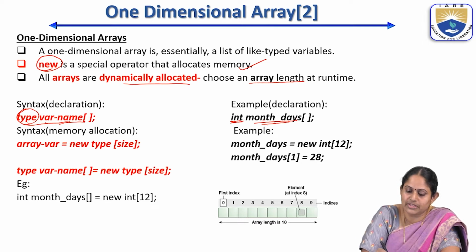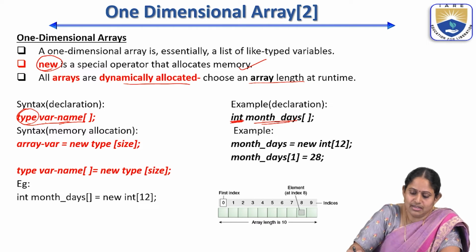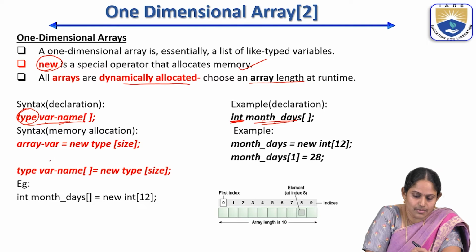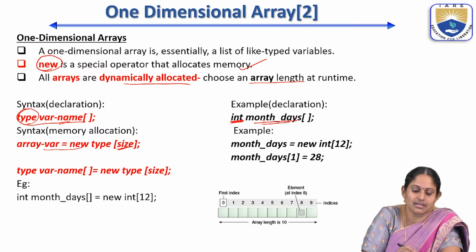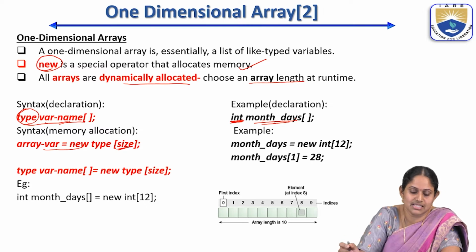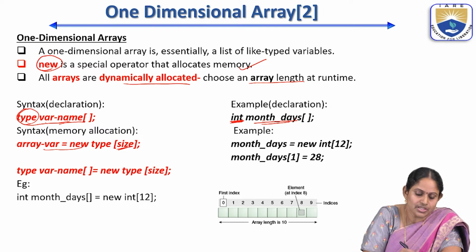So this is the name of the array and this is the type of the array. Then, once we create some array type, we have to give a size. Only then can an array of that size be created. This size is given at runtime.